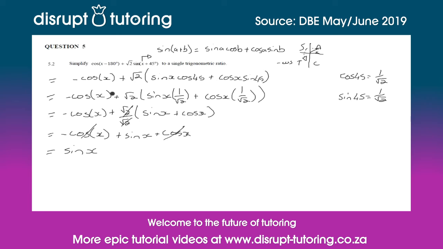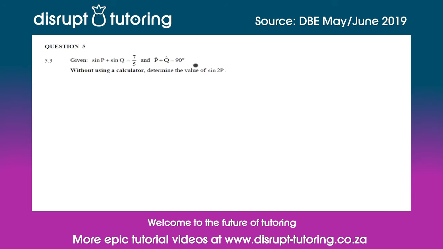That's a single trigonometric ratio. Moving on to 5.3, they've given us that sine p plus sine q equals 7 over 5, and that p plus q equals 90. This time, without using a calculator, determine the value of sine 2p. Because p plus q equals 90, we know that q equals 90 minus p.